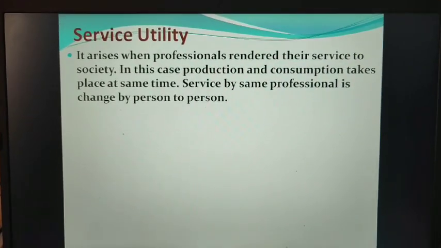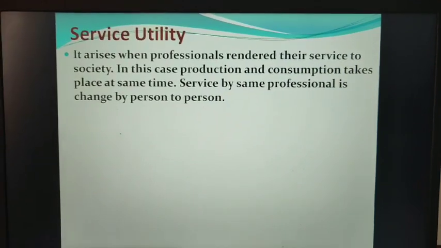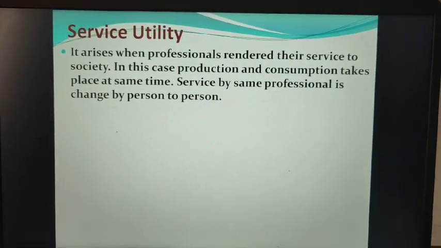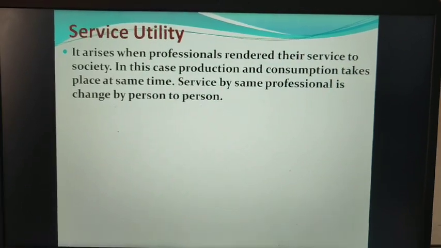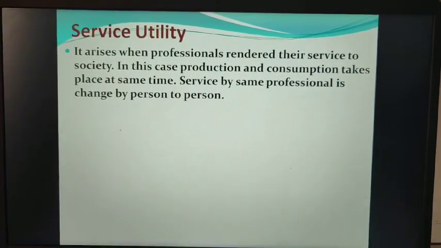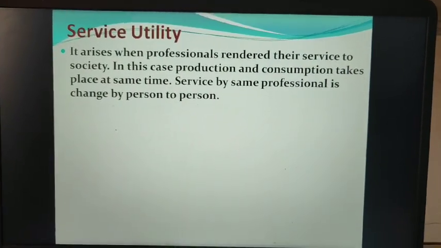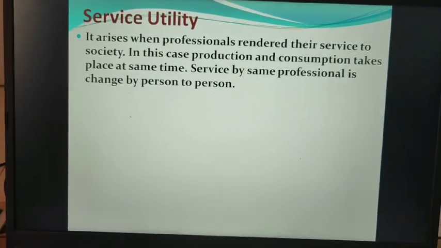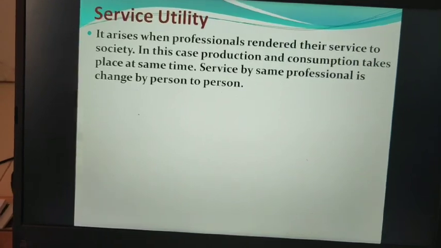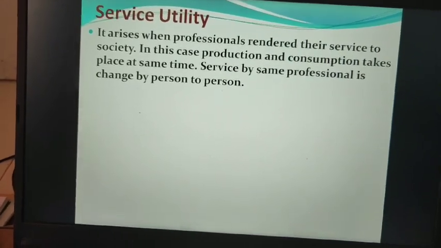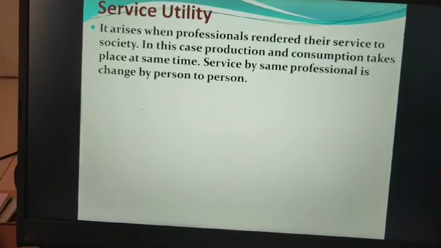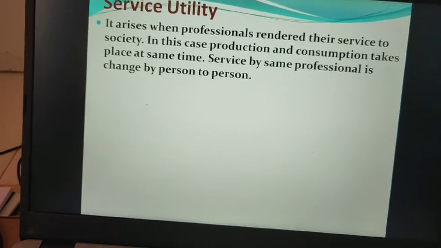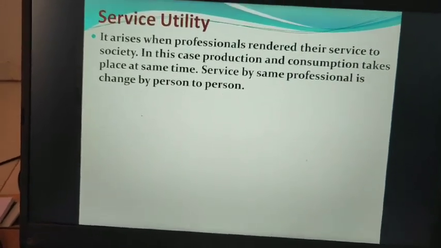I'm not saying about place, I'm saying at the same time. Services by the same professional change from person to person, right? The doctor gives you treatment according to your illness. So from patient to patient, treatment is different, according to his illness, right?